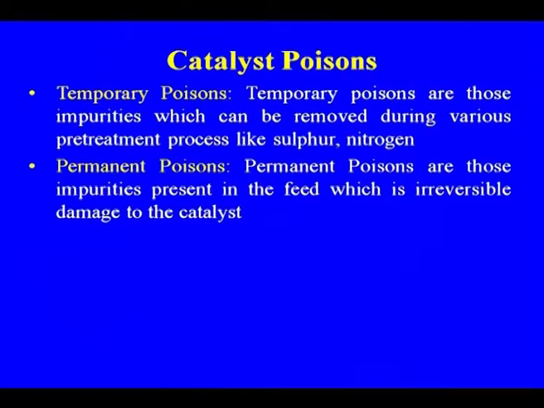One is temporary poisons, those impurities which can be removed during the various pre-treatment processes, like sulfur, nitrogen and some of the metals. With the new catalysts we are having, metal removal is also taking place. Permanent poisons are those impurities present in the feed which cause irreversible damage to the catalyst. That is the reason why maximum removal of the metals has to be there.